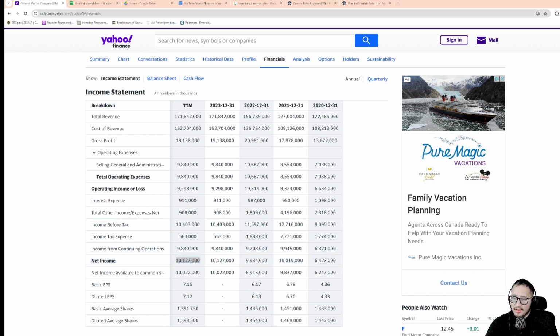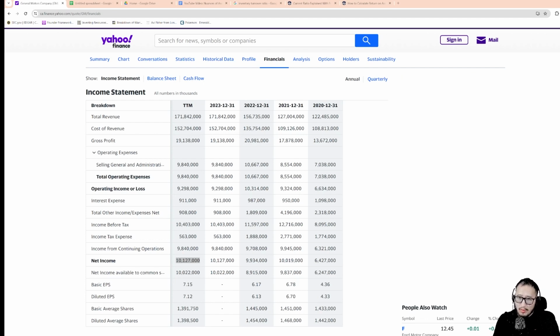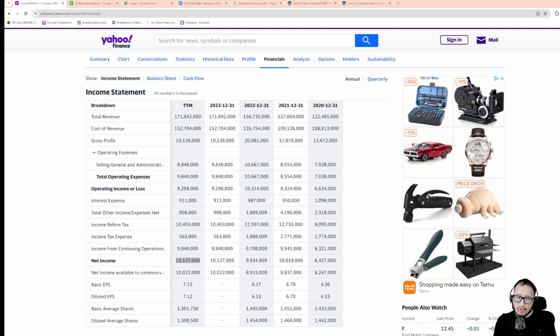So in Google's case, they have about 140 billion dollars in property, plant, and equipment, and from that they can generate 70 billion. With General Motors, they have about 80 billion, but they only generate 10 billion out of that. Comparing these two businesses, Google is a much more efficient business and doesn't need to invest that much capital to generate a huge amount of earnings.